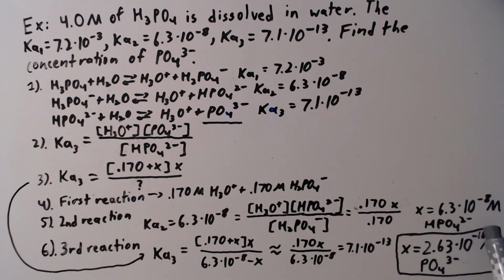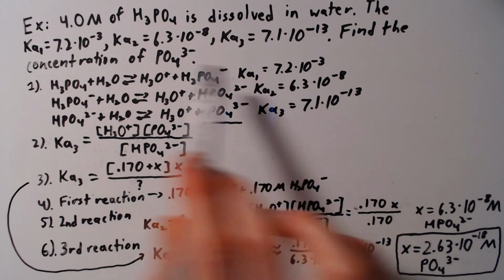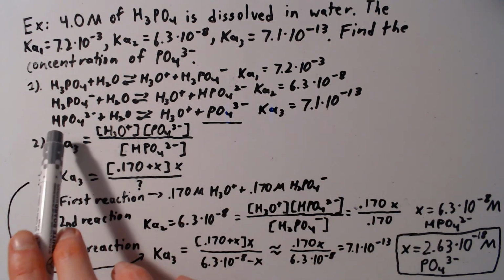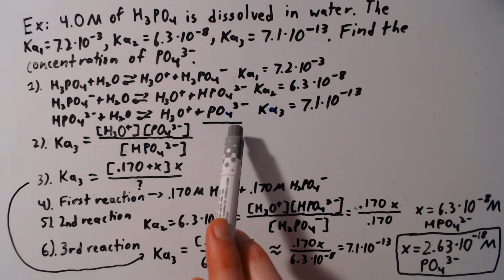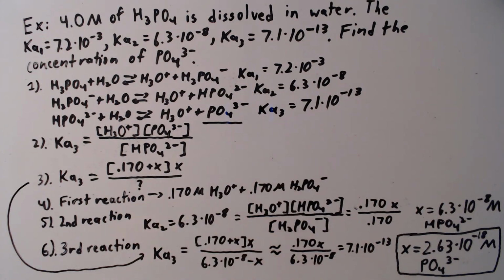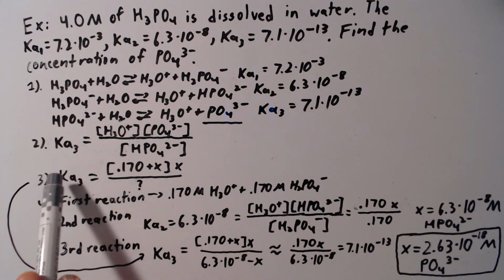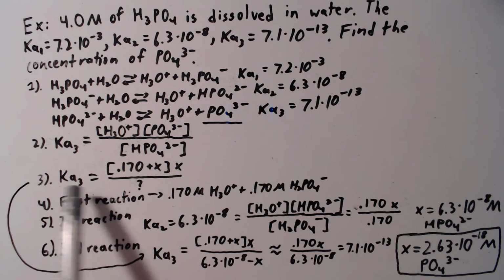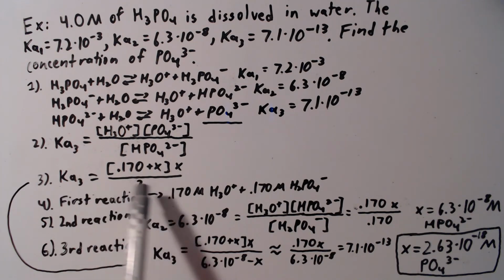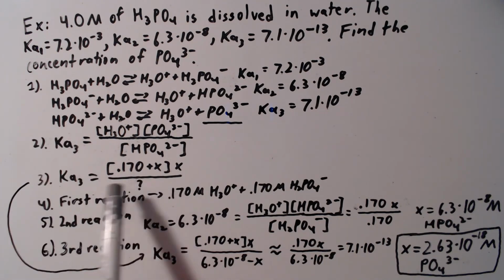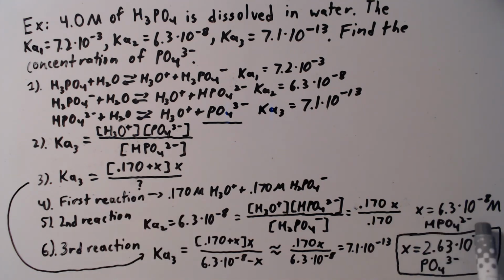Now that we know how much HPO4 is present in the solution, we can then figure out the concentration of PO4 that is produced. So again, we return to this Ka3 equation where we tried to find the HPO4 concentration on the bottom. We know now that it is 6.3 times 10 to the negative 8th.